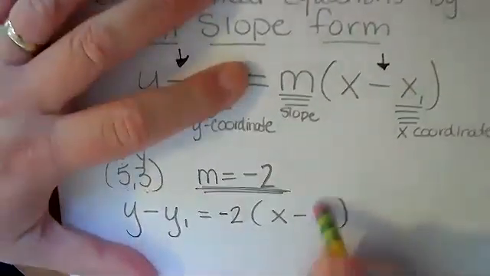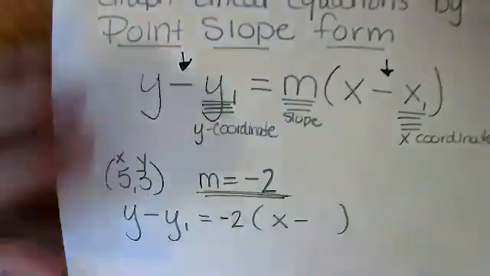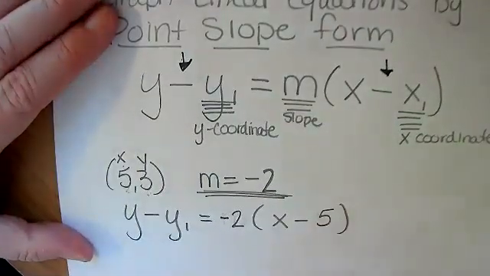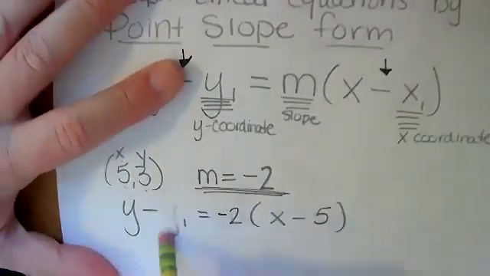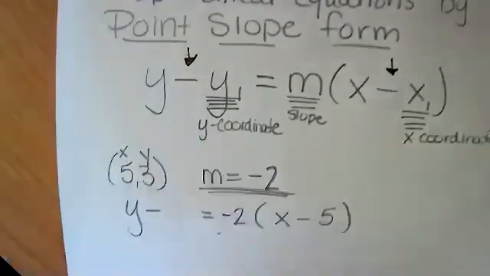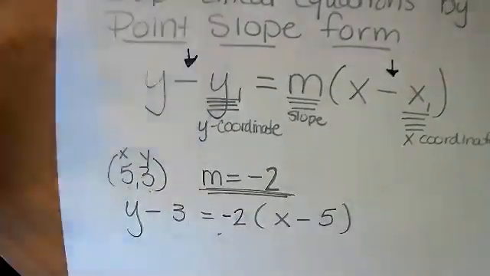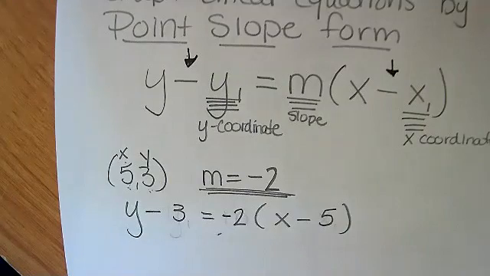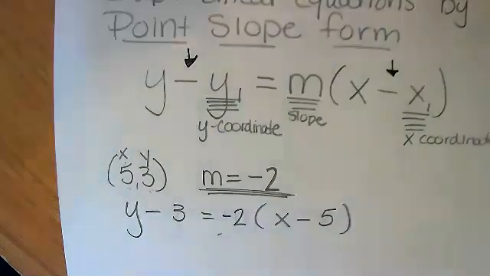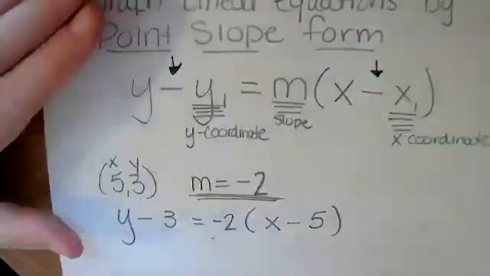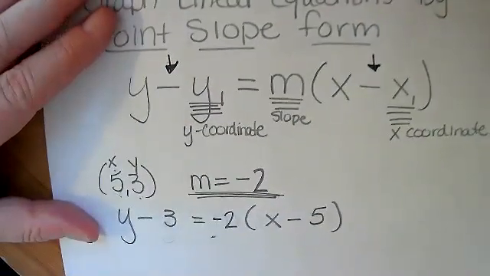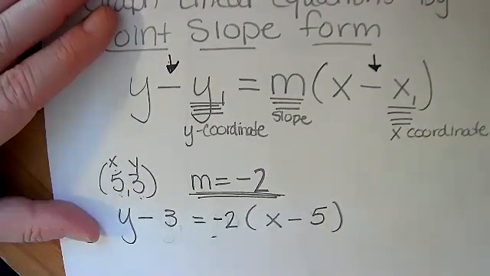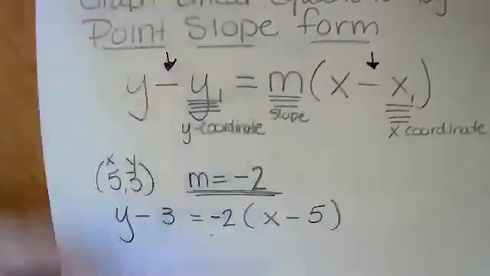So I'm going to take out x1 and plug in 5, and I'm going to go to the y1, because that's your y coordinate, and plug in 3. Round of applause. You are done. Congratulations. You just wrote an equation in point slope form. That's it.